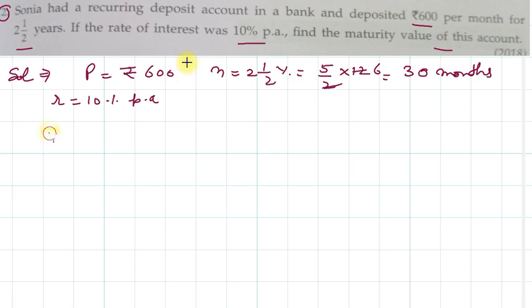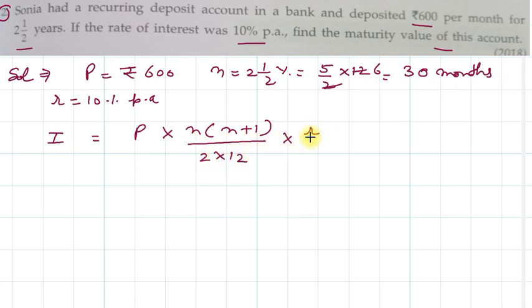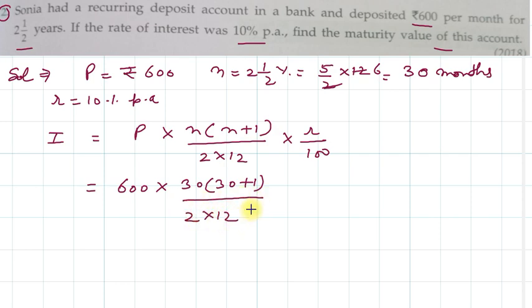So the formula for interest would again be P into n into n plus 1 upon 2 into 12 into r upon 100. So again 600 into n is 30, 30 plus 1 upon 2 into 12, r is 10 upon 100.